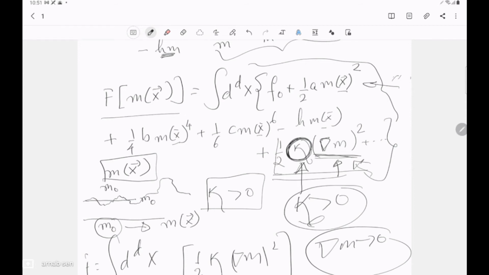Okay, and this is a purely phenomenological theory. This is a purely phenomenological theory. Many times you can derive this kappa, A, B, and C, all these things, from either experiments or some other calculation, right? But I don't need to know them very carefully. It's almost like saying that you do some Navier-Stokes analysis of your fluid mechanics equations, right? In your Navier-Stokes analysis, there are many parameters, for example, the Reynolds number, the viscosity, and things like that, right?